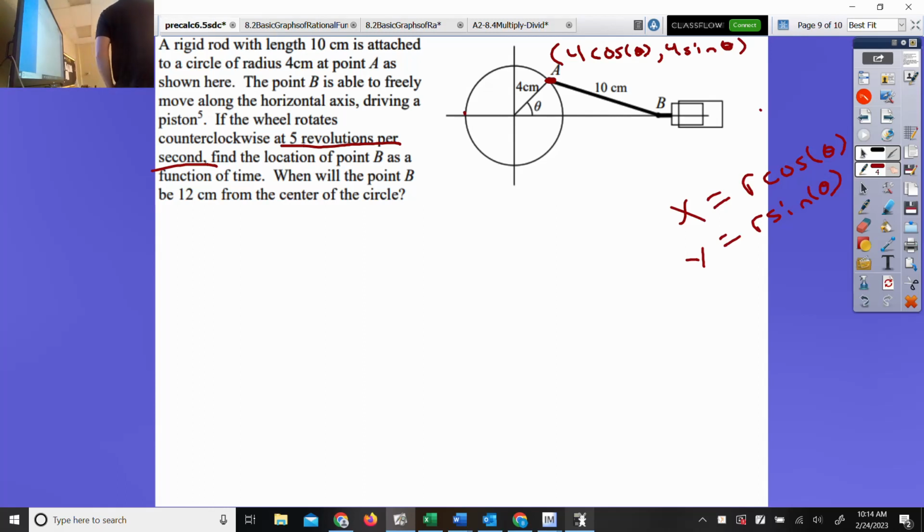How long does it take to do 1 revolution, or 2 pi? It takes a fifth of a second to revolve once. That's your period. Then when we graph sine and cosine, what were we doing? We were unraveling the circle. Period is 1/5.